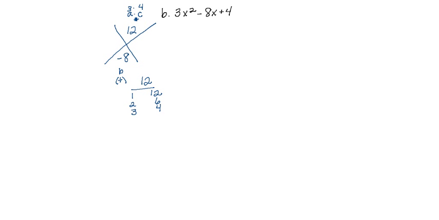If we're looking at 2 and 6, yeah, they multiply to give us a positive 12, but we actually need to make both of those negative in order to get that sum, adding them together, to be negative 8. So here we would normally fill in negative 2 and negative 6, and normally you would say, okay, I've found my factors. This is going to be x minus 2 and x minus 6.